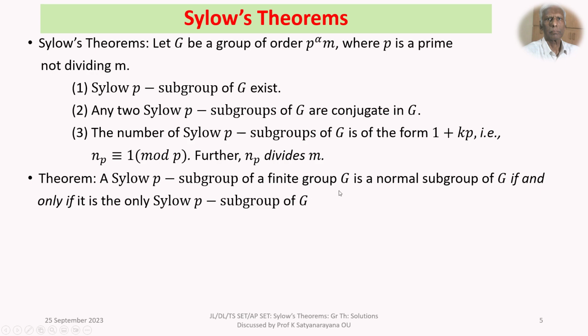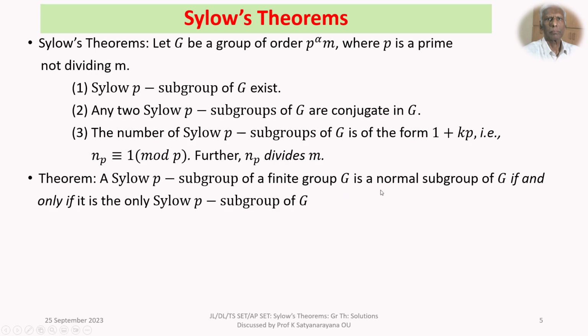That subgroup is normal in G. This is a necessary and sufficient condition: a Sylow p-subgroup of a finite group G is a normal subgroup of G if and only if it is the only Sylow p-subgroup of G. That means if H is a Sylow p-subgroup of a finite group G and n_p is equal to 1, then H is normal in G. n_p is 1 amounts to saying that H is the only Sylow p-subgroup of G, then H will be normal.